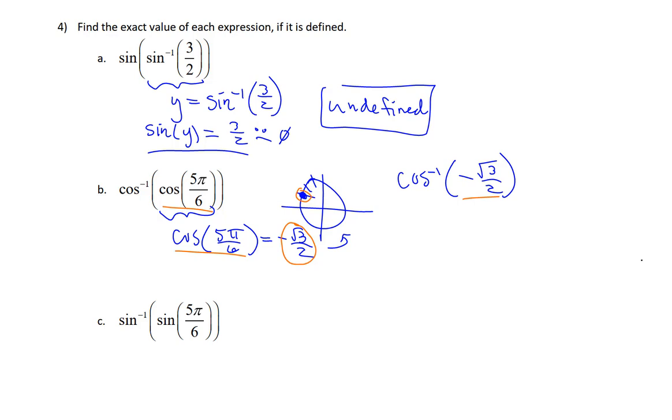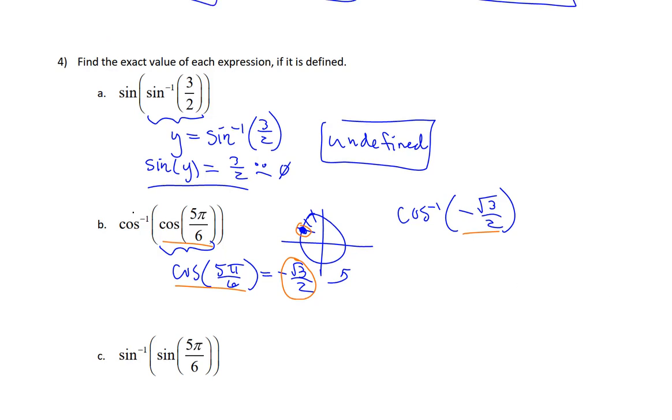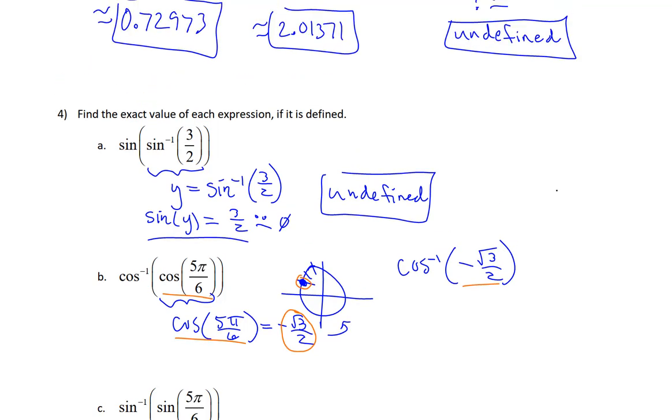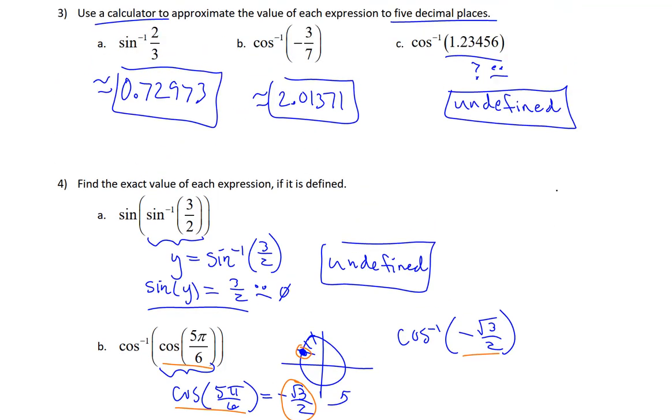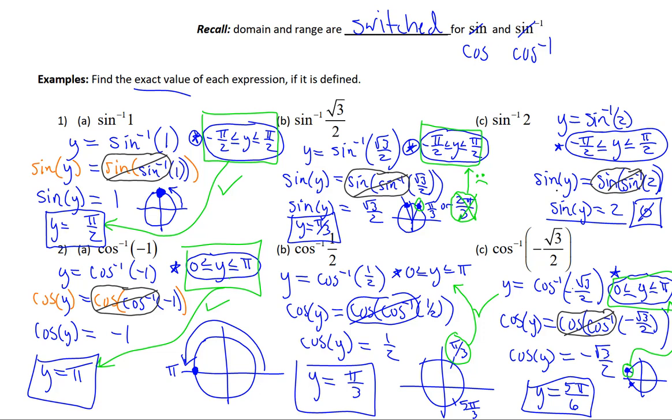This is exactly what we were dealing with in a previous set of problems, right? You're restarting, I guess you could say, with an inverse trig expression. We have the cosine inverse of negative root 3 over 2. We want to figure out what that means or what that represents. Well, that's exactly where the problems in examples 1 and 2 were starting, right?